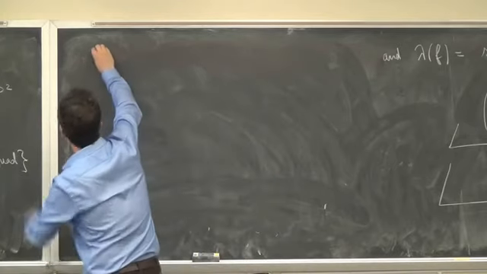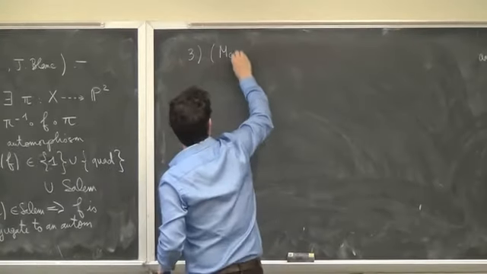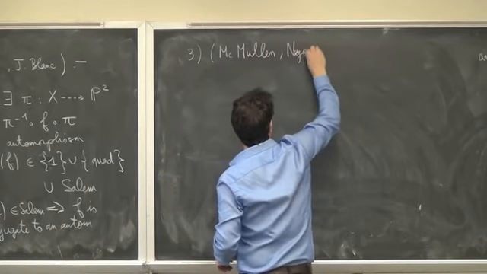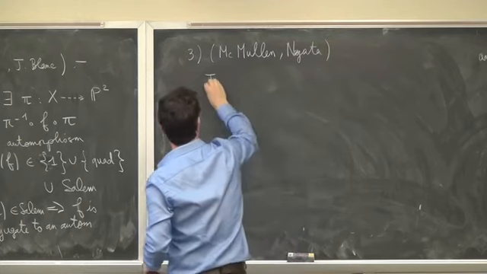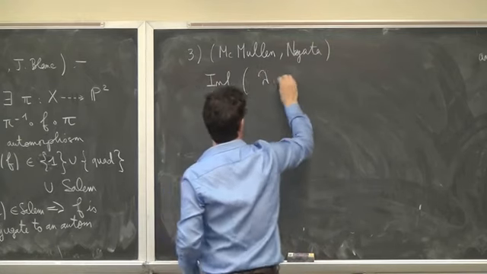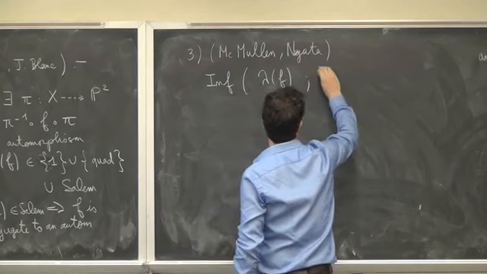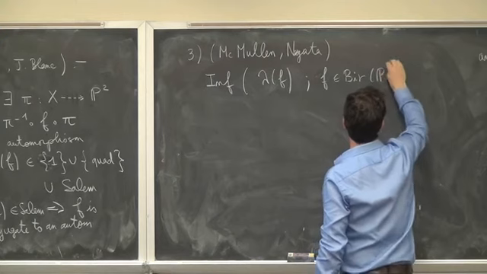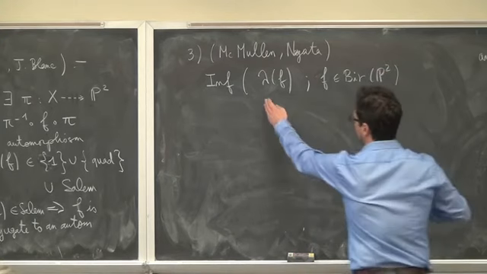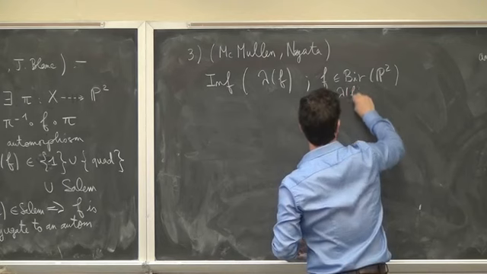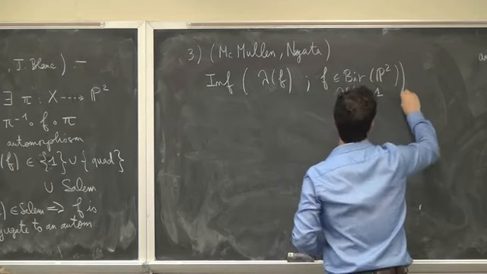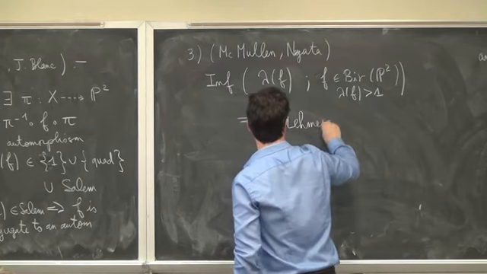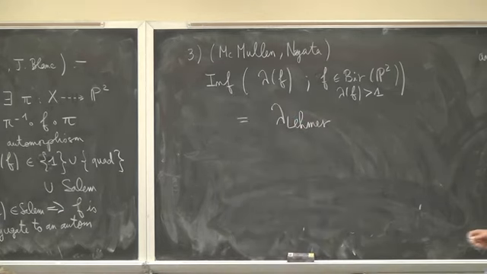And if you apply this statement with previous work by McMullen and Nagata, what you get is that the infimum of all lambda f for all f in the group of birational transformations of the plane, so the infimum is 1, but if you assume that lambda of f is bigger than 1, then you get the Lehmer number. The infimum is a minimum and is a Lehmer number.